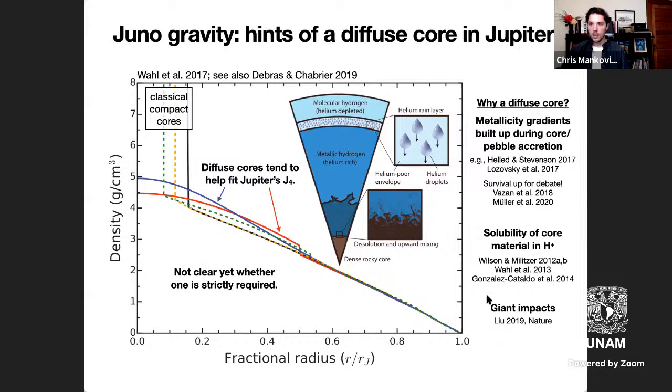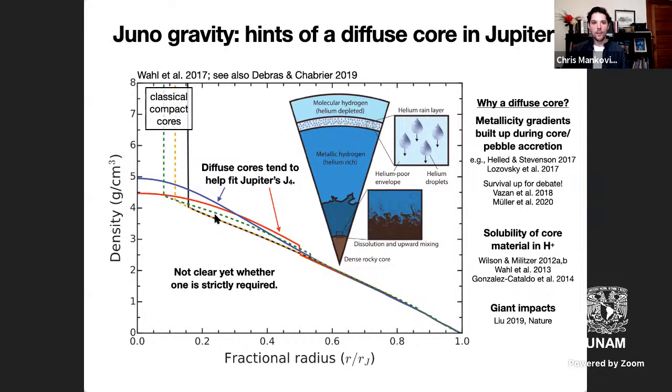I will say that seems a little bit more remote than the other possibilities in my mind, just because the particular simulation that showed that you can get a very diffuse core like this structure for Jupiter happens to be a very massive and a very fortuitous impact in the sense that it has to be dead on. And it's not clear whether, given a realistic distribution of impact distances, this can actually take place.